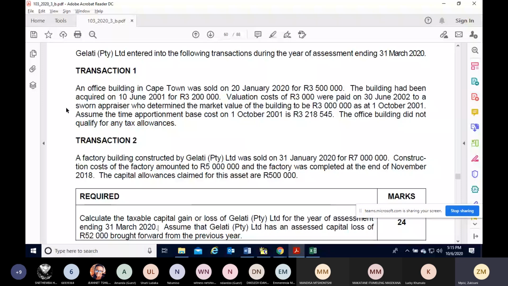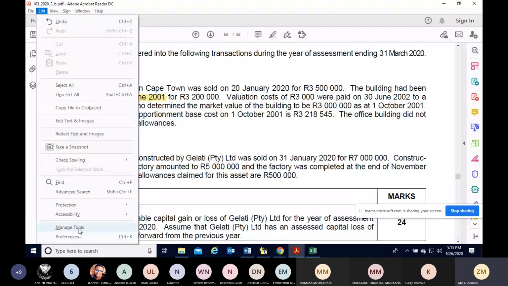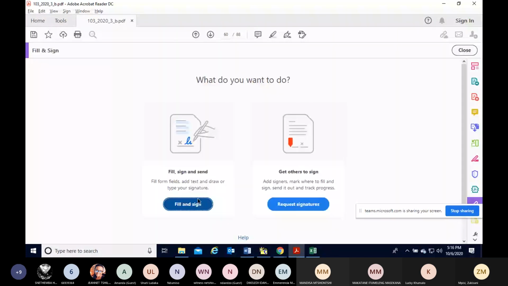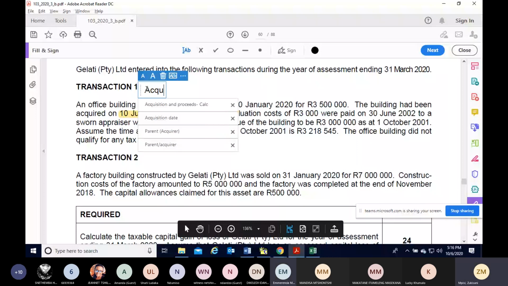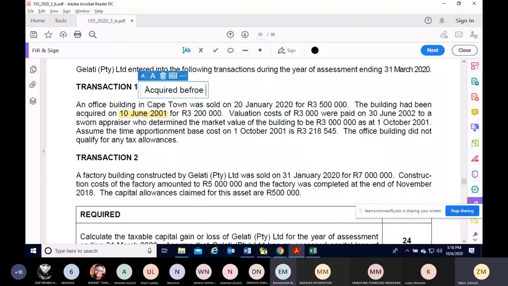The building had been acquired on 10 June 2001 for 3,200,000. Can anyone spot that date? What does that date say to you? This building was therefore acquired before the 1st of October 2001. That's correct. Thank you very much.